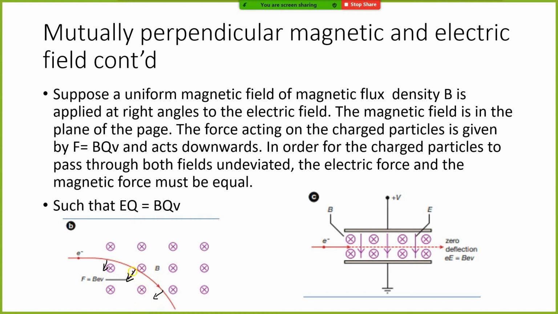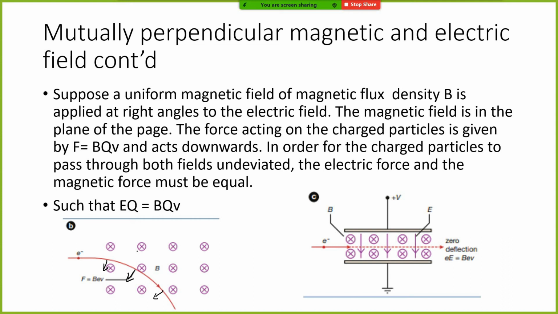Now, there is a point where we can use both a magnetic field and electric field together. When we do that, right, we are essentially allowing the electrons to pass through the plates without being deviated, right?